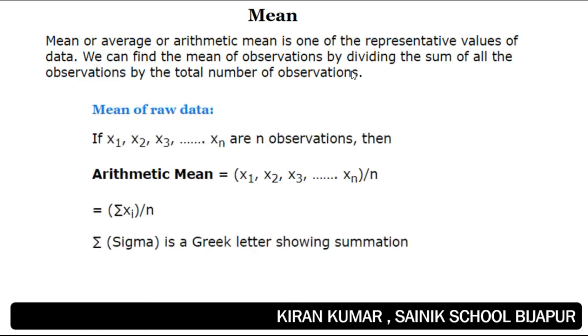Mean of the raw data: if x1, x2, x3, and so on until xn are n observations, then the mean is given by sigma xi upon n. This sigma is a Greek letter symbol, it shows the summation.